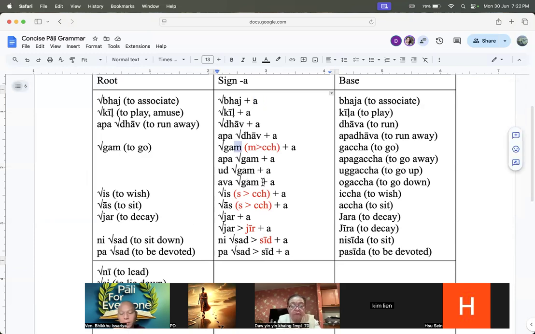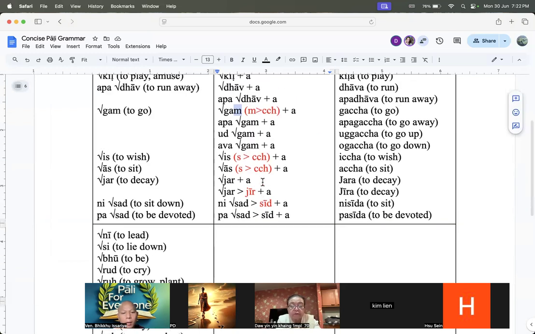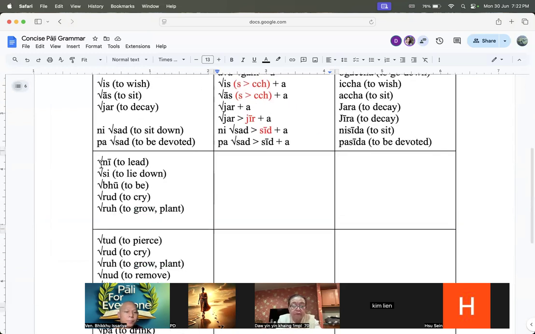Okay. So these roots have just a changing of the letter in the root, such a change we can find. Now, let's go to the next. For example, root ni. Root ni means to lead. So ni and the a. At that time you see the root is ending in a vowel, and then the sign also starts with a vowel, two vowels together.